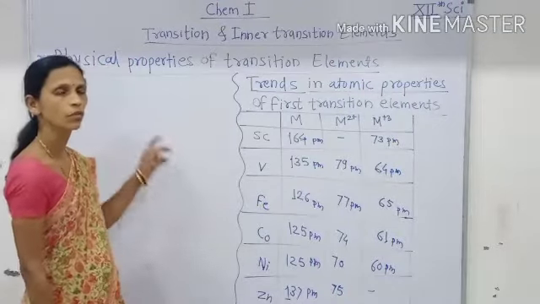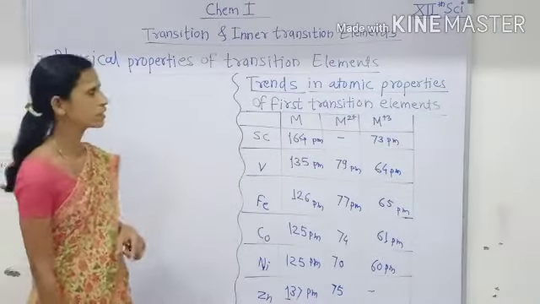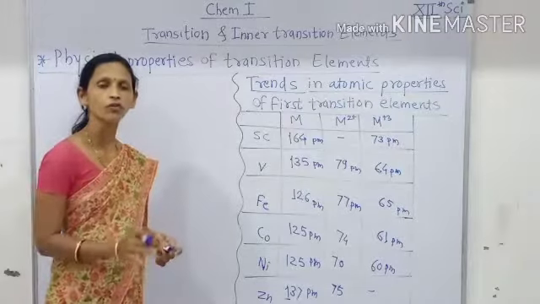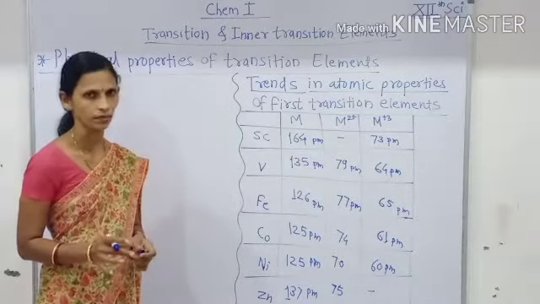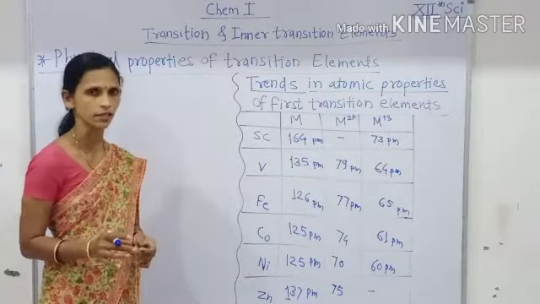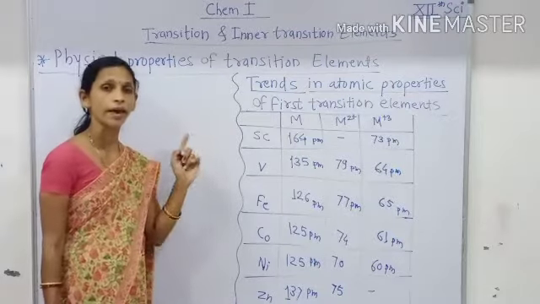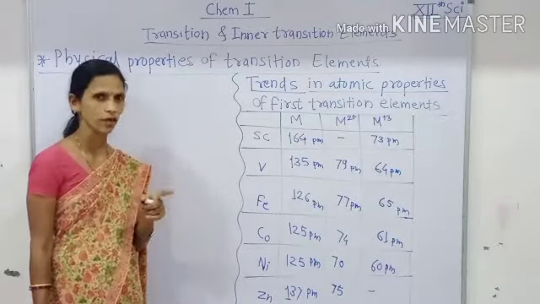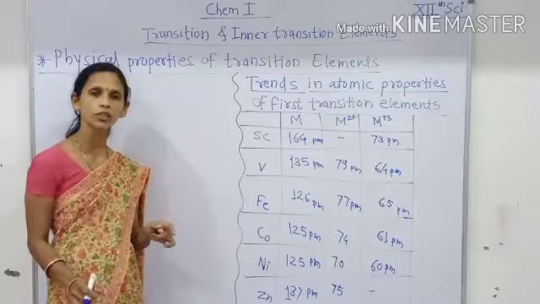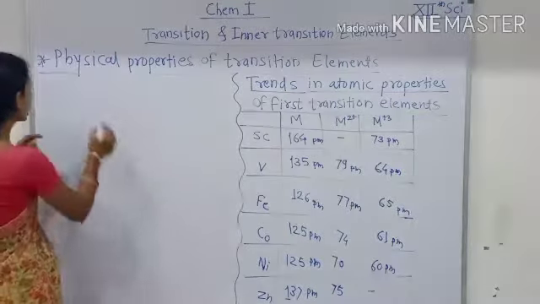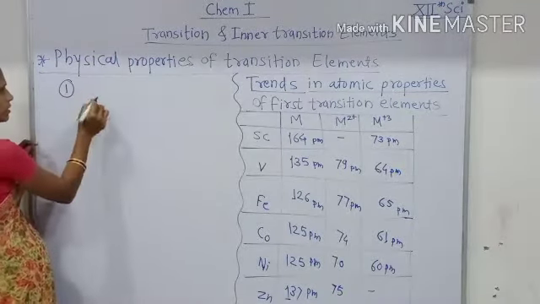Now we are discussing the physical properties of transition elements. All of you know the transition elements are colored metals, and they show the characteristic properties of metals. All of you know the general properties of metals, that metals generally have luster.